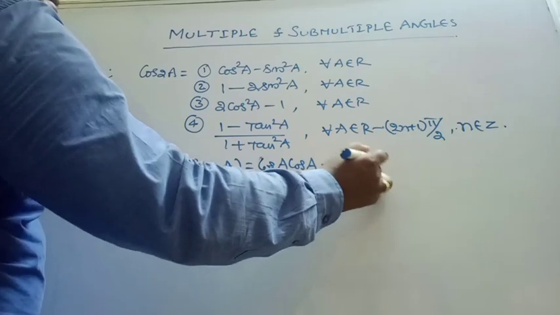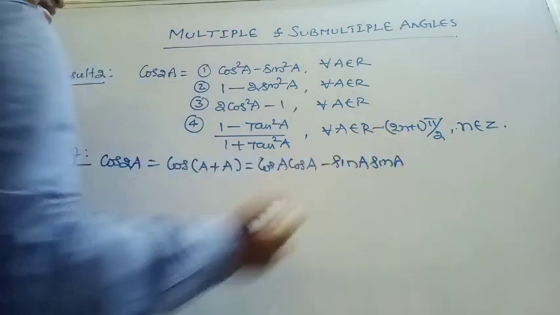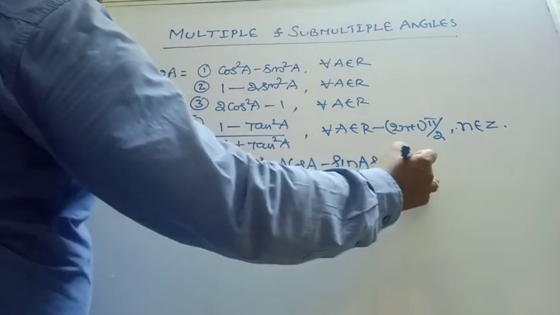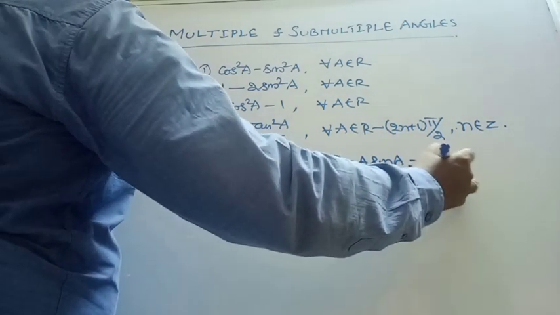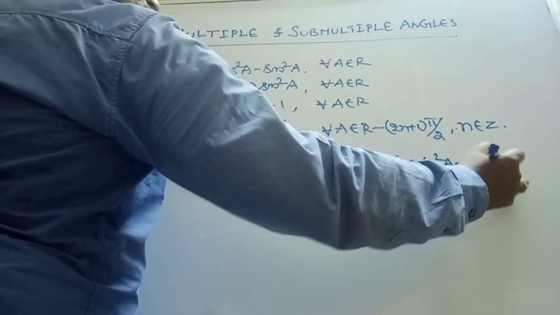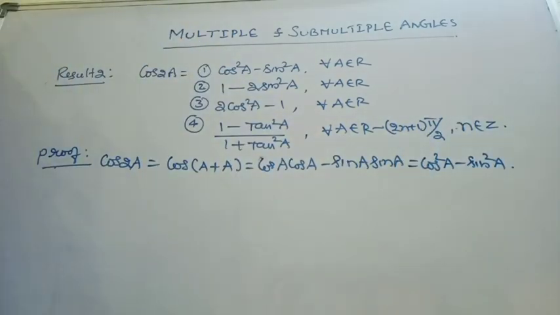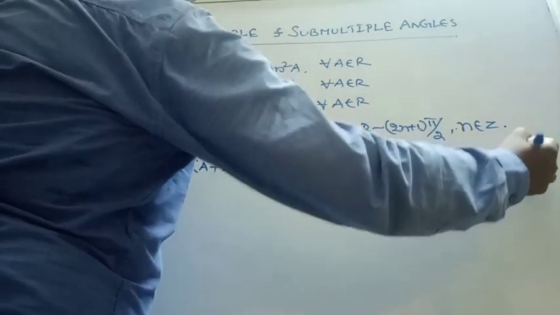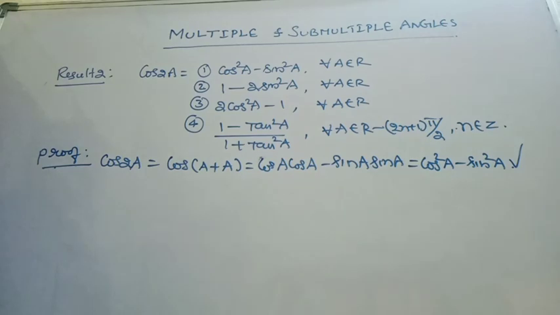Here b is also a. Now cos a into cos a becomes cos square a minus sin square a. Wonderfully we have now got the first result. You see, my dear students, we have got nicely the first result.